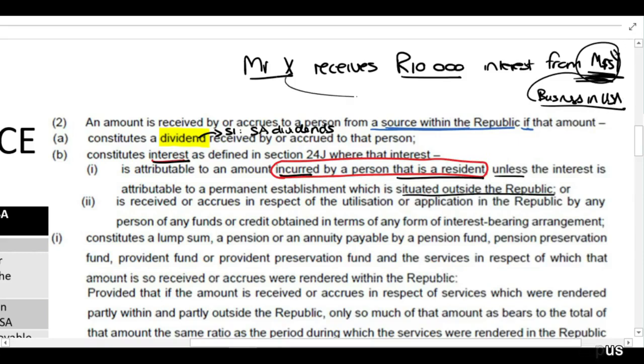Mr. X gave money to that business. She's a South African resident, but she's got a business in the USA. Now, because of that money that Mr. X gave to the business in the USA, which is a permanent establishment outside South Africa, she pays the interest.